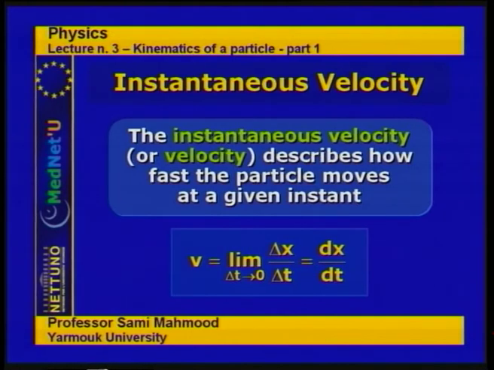That is, if we know the position as a function of time, then we can evaluate the instantaneous velocity of that particle by simply taking the derivative of that position as a function of time with respect to time. Deriving x with respect to time would give the instantaneous velocity.